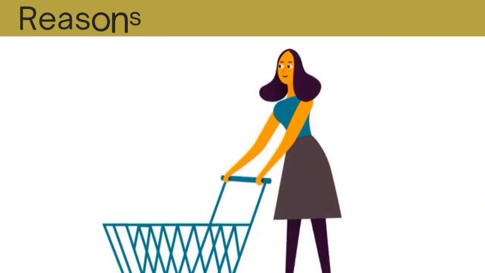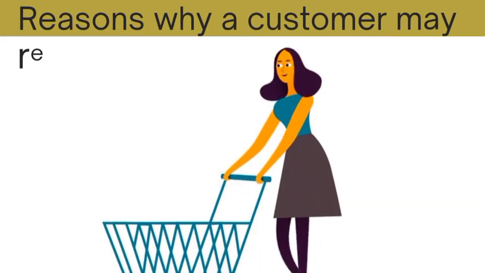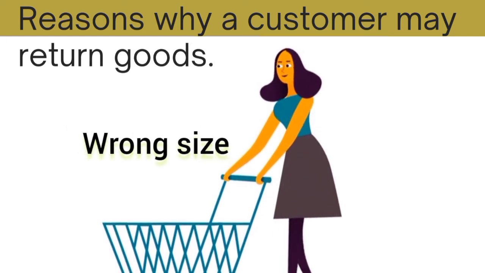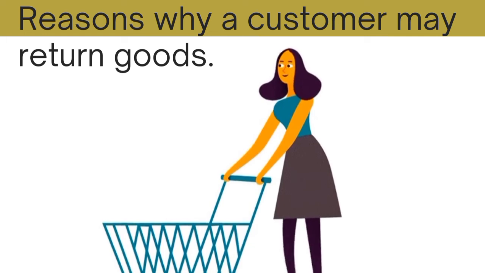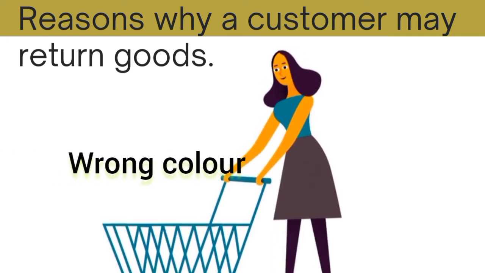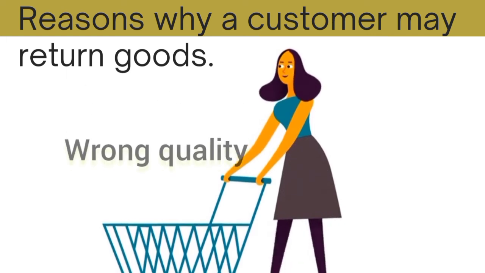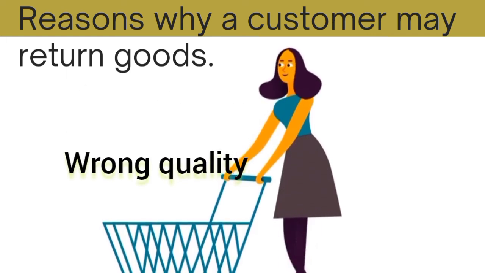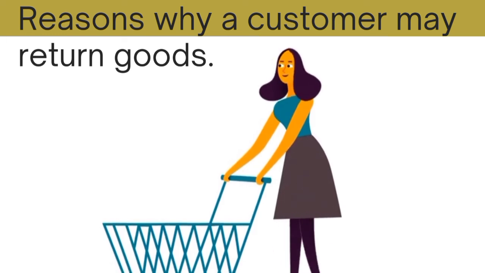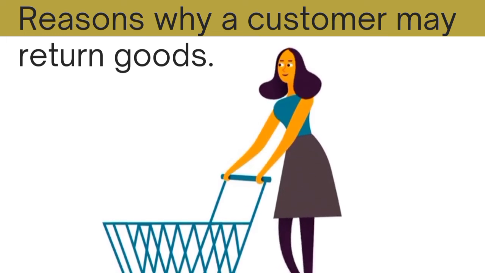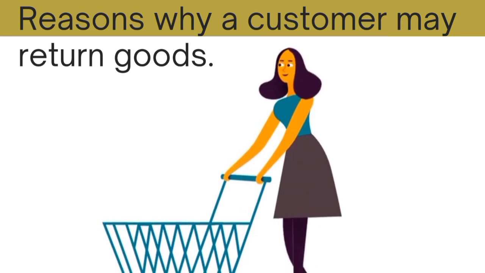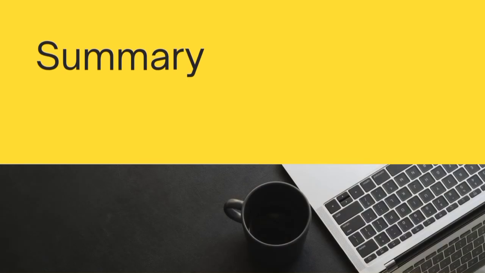Now, this will take us to reasons why a customer may return goods. It could be wrong size, wrong color, wrong quality, or wrong quantity. When this happens, every customer has the right to return those goods.